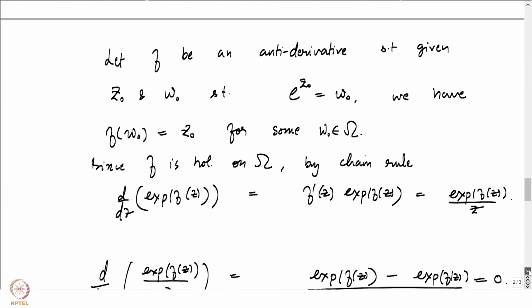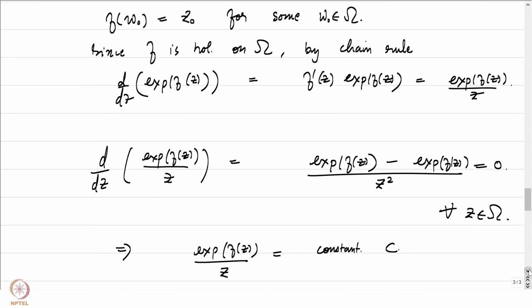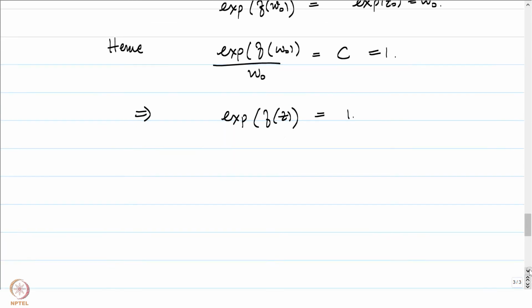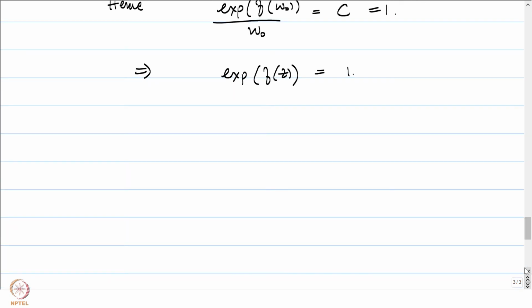And this function f satisfied the property that the exponential of f of z is indeed equal to z, and hence f is a branch of the logarithm on omega.